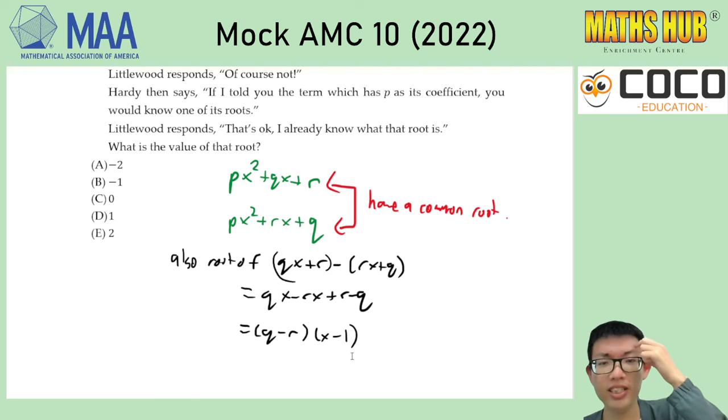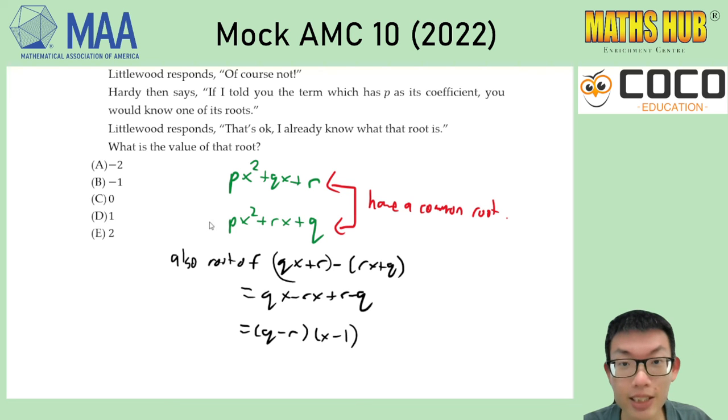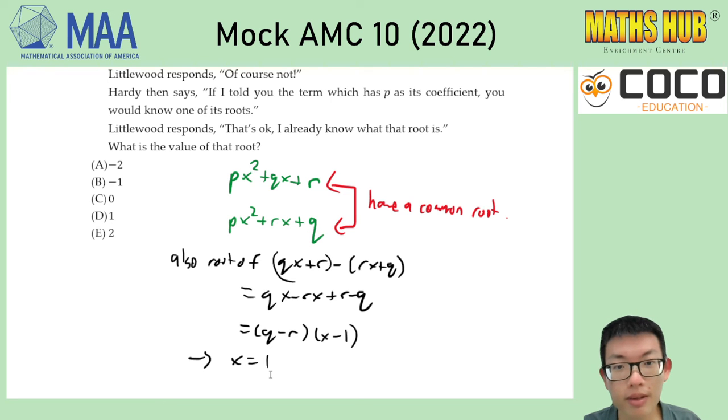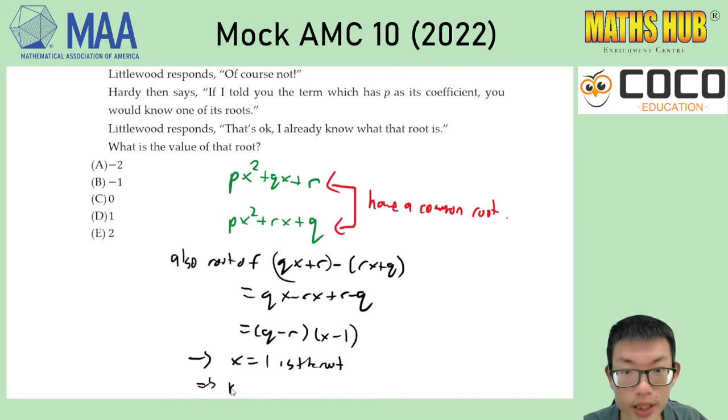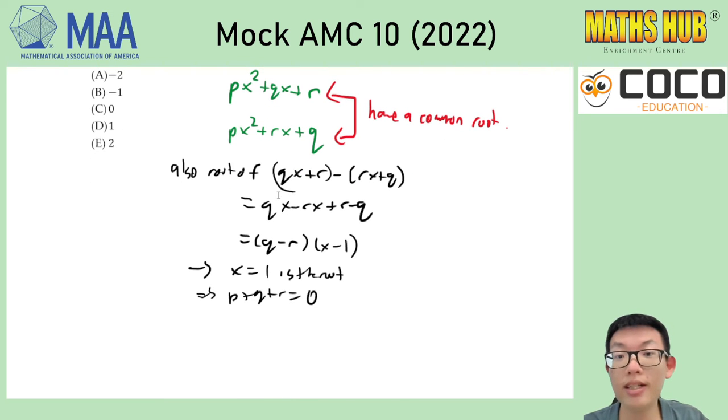Wait a second. If x is 1 and it is the root, that means that P plus Q plus R is 0, right? And if that were the case, it means that the order of all three of them doesn't matter.